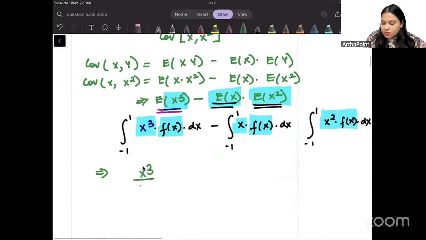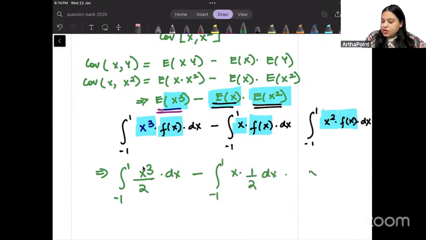X cube into half का integration. X into half का integration. X square into half का integration. And solve this. That's it.